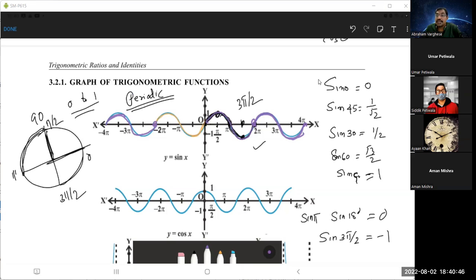In the third quadrant, again sine decreases from 0 to minus 1. That is the lowest value. Then in the fourth quadrant, you get minus 1 to 0. That means you can get all the values in that full wave from 0 to 2 pi. You can get the maximum value, and at the same time, you can get the minimum value.